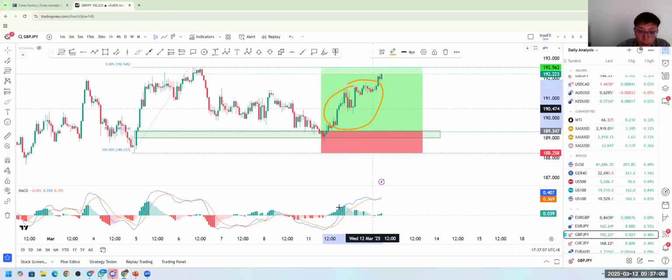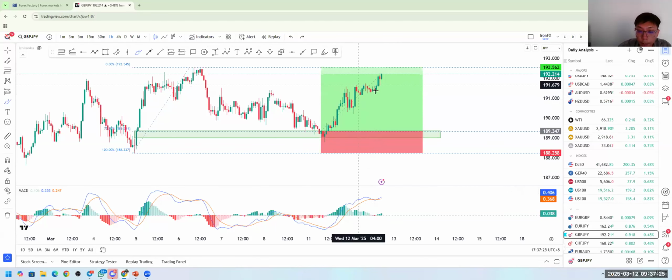You can see the higher these green bars are, the more bullish it is.